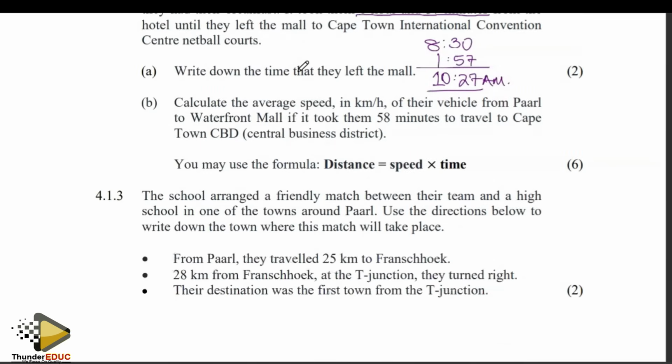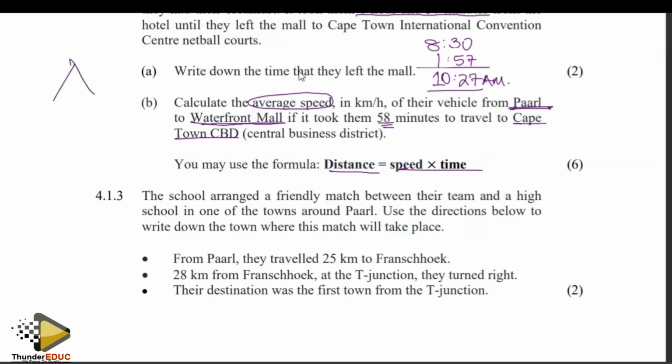Calculate the average speed in kilometers per hour of their vehicle from Pearl to Waterfront Mall. So we're looking at the two distances. If it took them 58 minutes to travel to Cape Town CBD. So we need to know, first and foremost, we are looking to calculate the average speed. When you look at the formula given to you, there's no speed anyway.